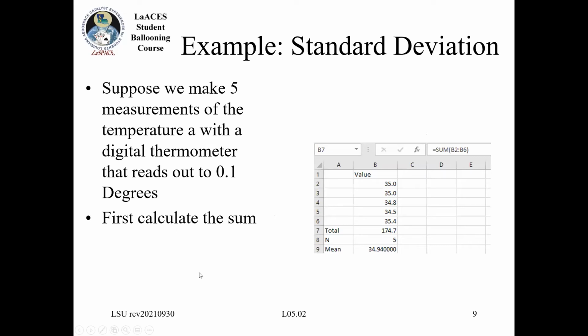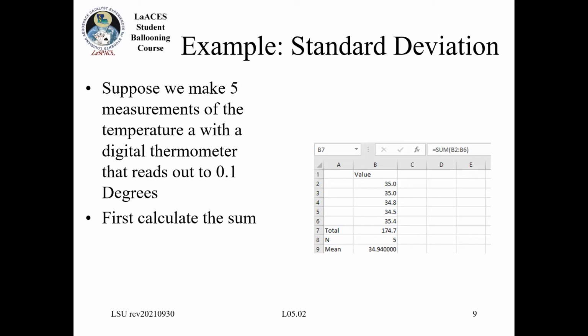So how do you go about actually calculating this? This is basically an example of how you would do this in Excel. Depending on what other software you're using, this may be a little bit different, but I figured this was the most commonly used thing for students at this level.